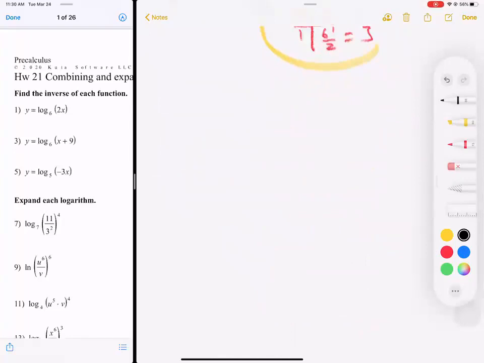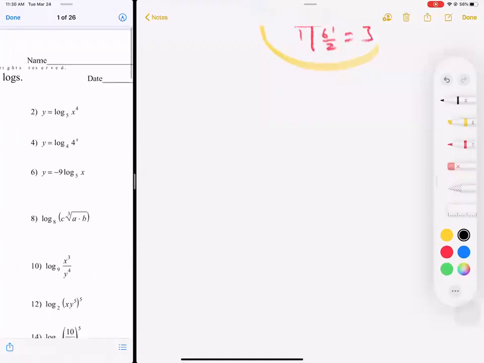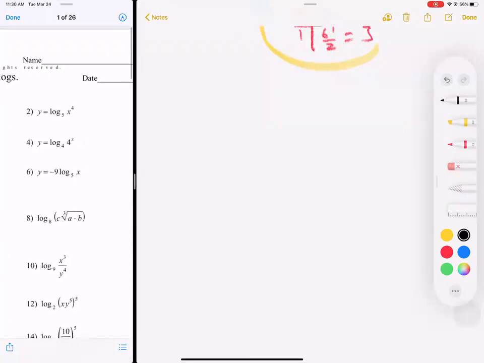Okay, we'll just do one more problem. Let's do number 2. Y is equal to log base 5 of x to the 4th. Our inverse.